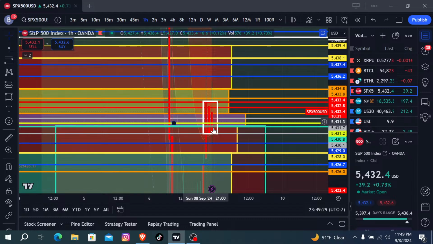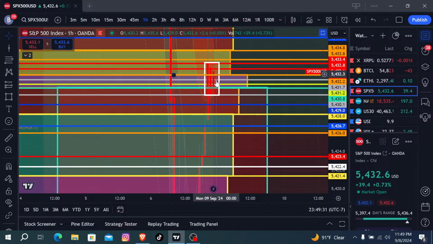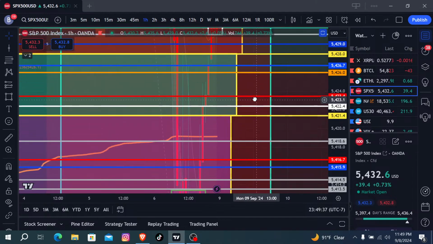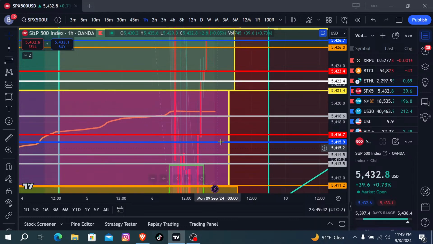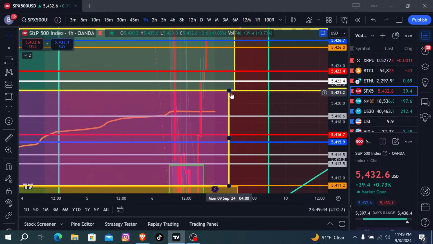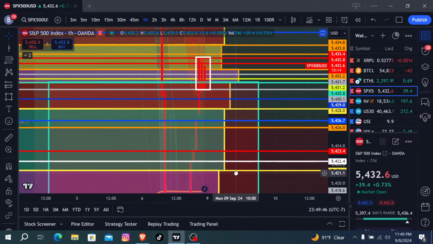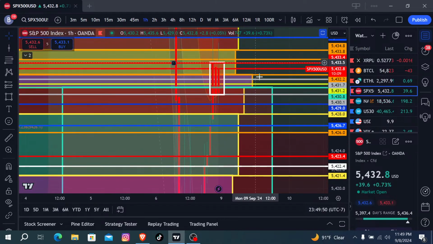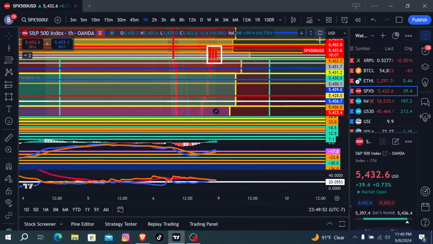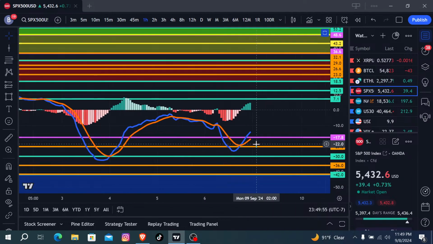If we keep going in this area, we'll mostly close here at 1 o'clock and then start going down throughout the night, and then create some sort of support, maybe somewhere here or here. But yeah, for the MACD, you guys, that's how I use the MACD.